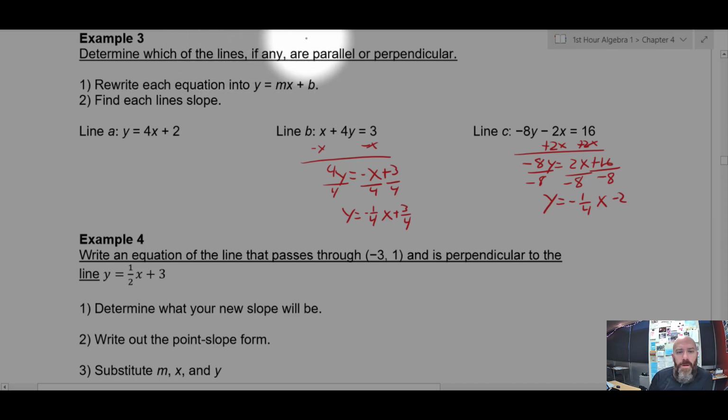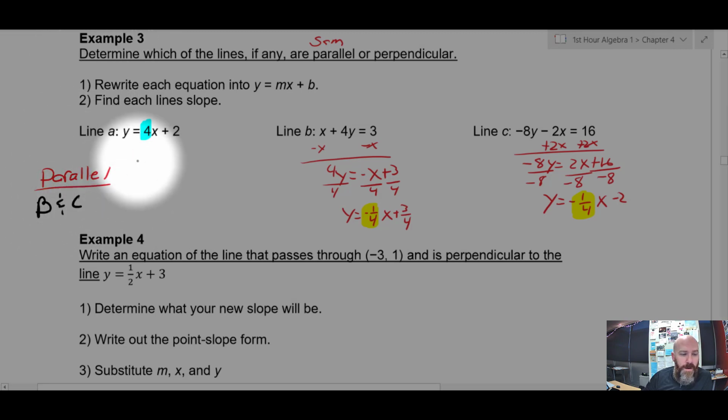So, parallel means same. So let's find the ones that are parallel. The parallel lines, notice I have a negative 1/4 slope and a negative 1/4 slope, and over here I have a positive 4. So I know that lines B and C are parallel.